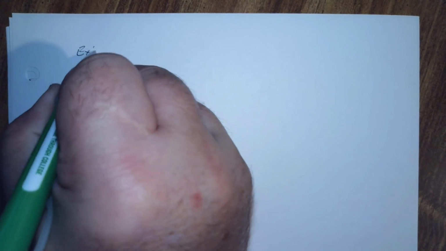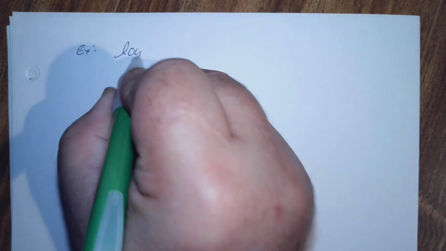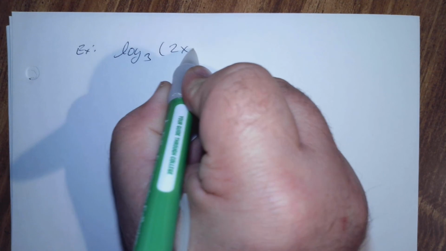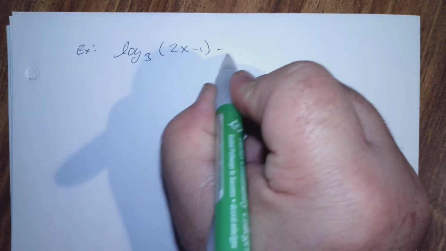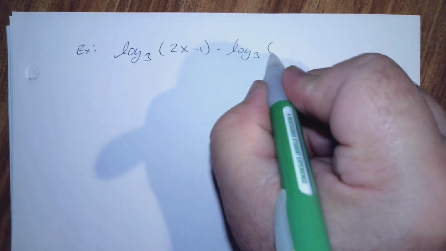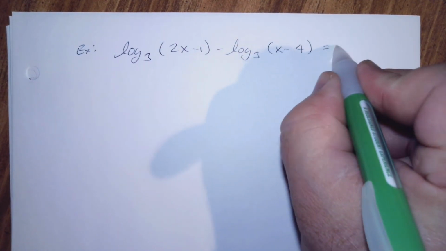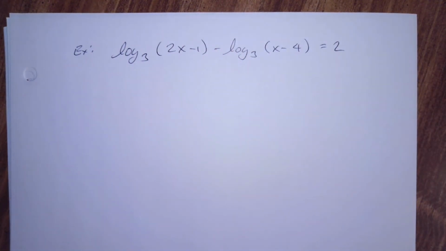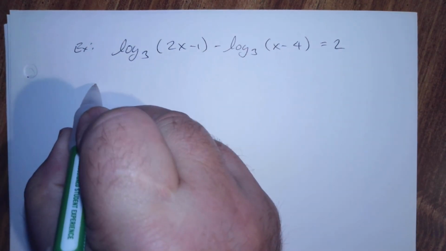Here's another example. Log base 3 of 2x minus 1 minus log base 3 of x minus 4 equals 2. So what do you do here? Since it's subtraction, we have this property.